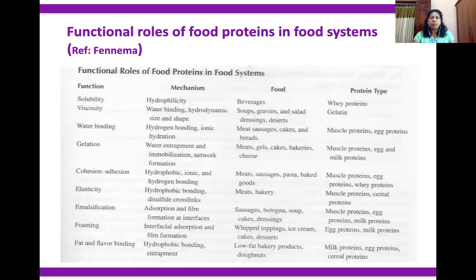For example, let's come to the foaming one. You can see whipped topping, ice cream, cakes, and desserts. We are using egg proteins or milk proteins especially because they have the foaming ability.